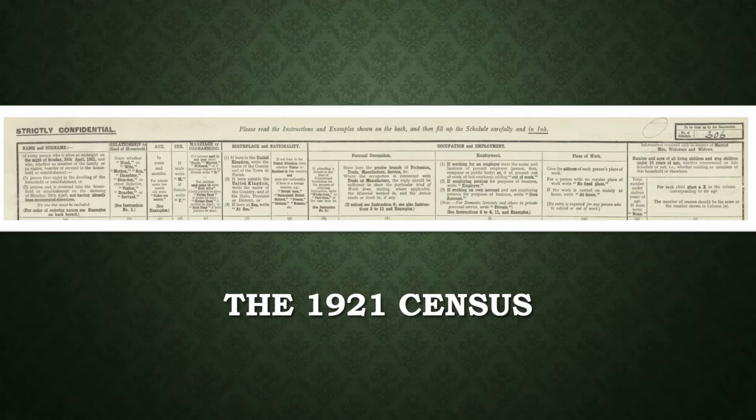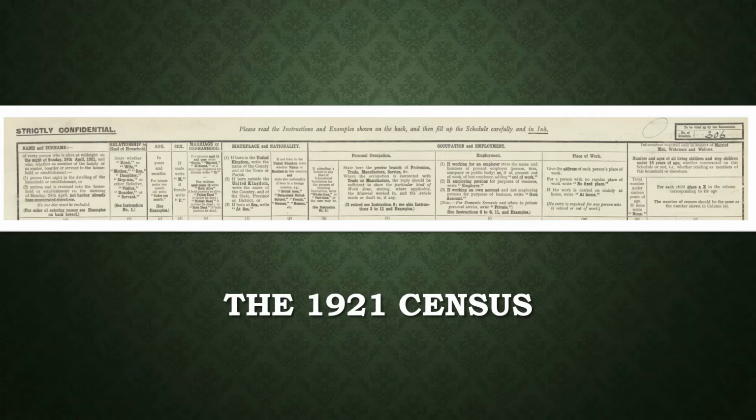Now, in all previous census records, the next column would have been the occupation, but there's a change here as they ask for the place of birth in the next column, as well as nationality. Then the next 4 sub-columns come under the main heading of occupation and employment. The first sub-column gives us an extra column for children or students, whether they are full or part-time at school or other educational institution.